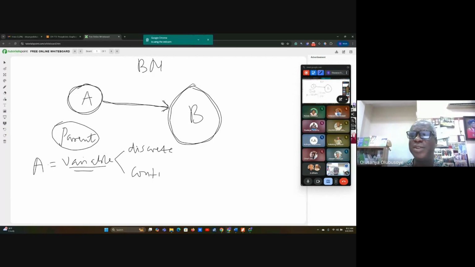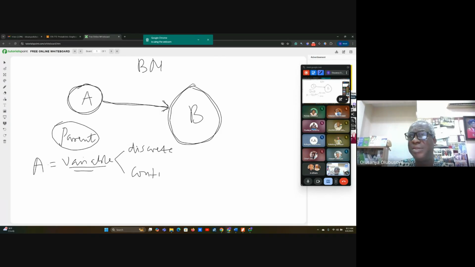We've defined the concept of variable. Anything that takes different values is what we regard as a variable. We've taken several examples in the past. One of them is when you consider emails and you categorize them as either spam or not spam.